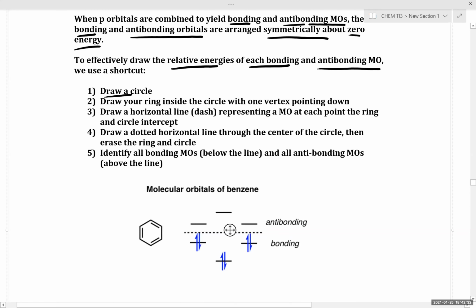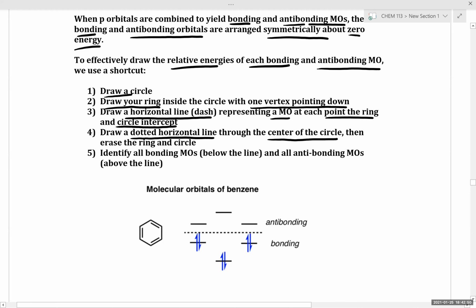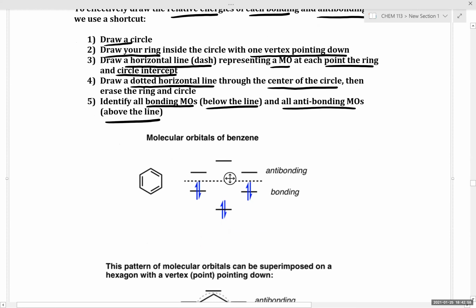You draw a circle, and you draw your ring inside the circle with one vertex pointing down. You draw a horizontal line representing a molecular orbital at each point the ring and circle intercept, and you draw a dotted horizontal line through the center of the circle. All bonding molecular orbitals are below the line. All antibonding molecular orbitals are above the line.